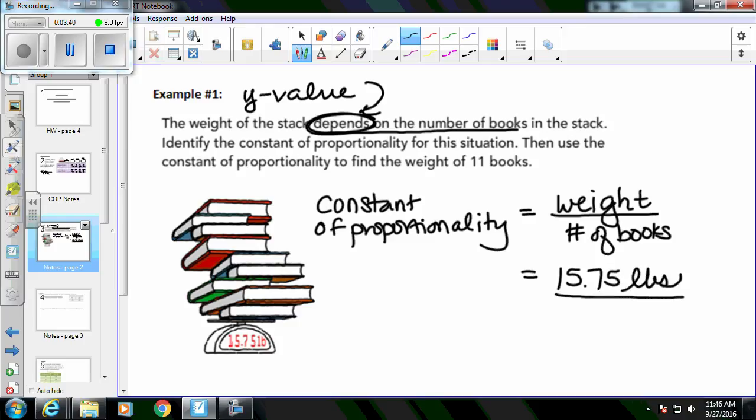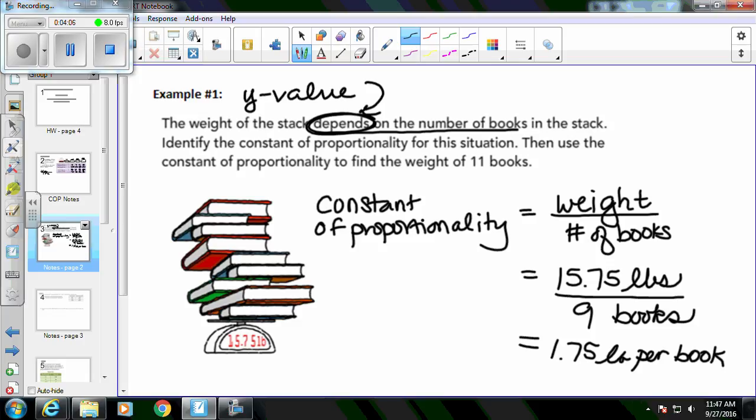And I have to divide that by 9 books. When I do my math on that, I get 1.75 pounds per book. So each book is 1.75 pounds.